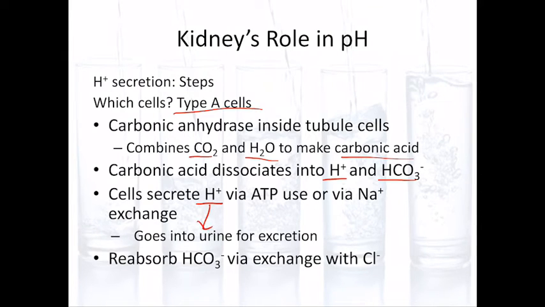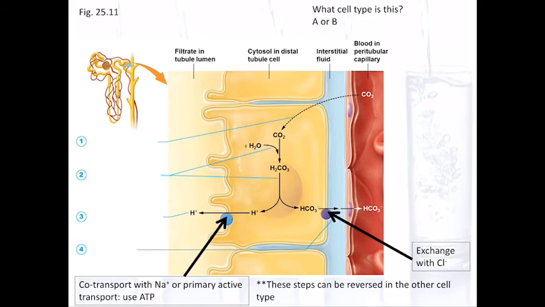They can do that either via primary active transport using ATP or secondary active transport with the help of sodium movement. So we get rid of it that way, and then the bicarbonate is reabsorbed into the blood via exchange with chloride. Okay, so this next slide shows how that works with an image.